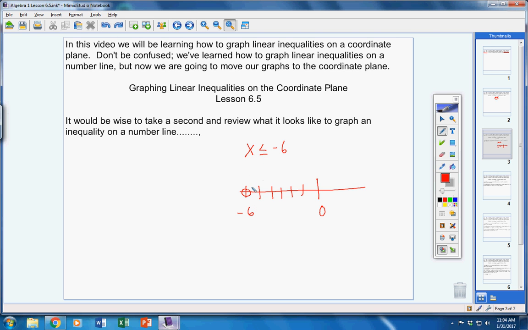X is less than -6, so we draw an arrow going this way. Or we go like this and put an arrow. Okay, so that's graphing a linear inequality on a number line, correct? We've done those, right? We've graphed conjunctions, disjunctions, all of those things on a number line, okay?